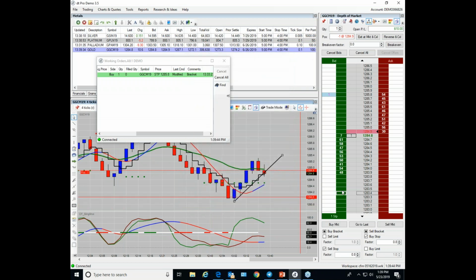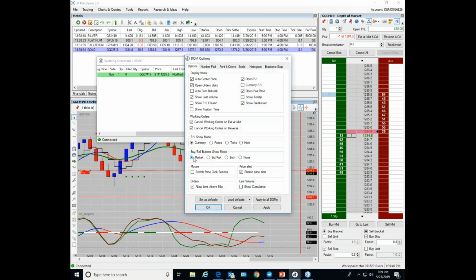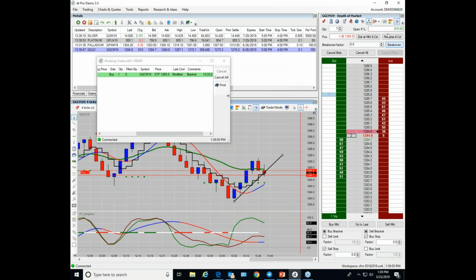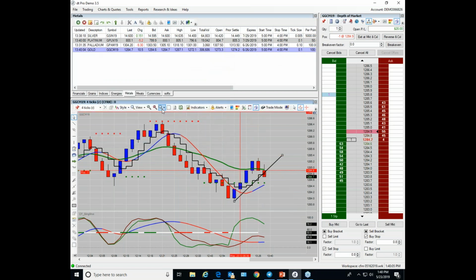Apply. See where it says 10 bucks, 1284.80. We're 1 tick in our favor. Now it's 2 ticks. Your P&L is moving. So we're looking for it to go plus 4 ticks in our favor. We move the stop to break even.